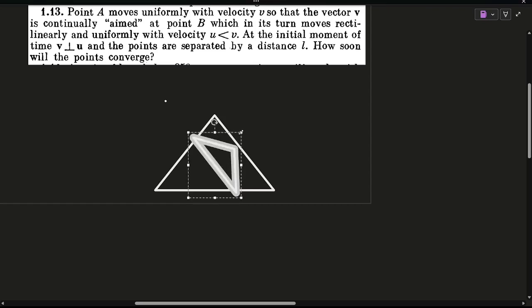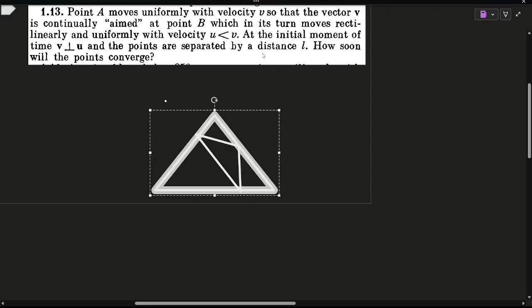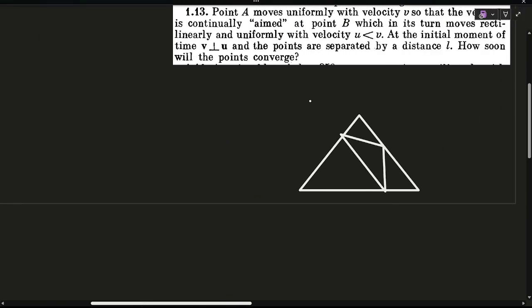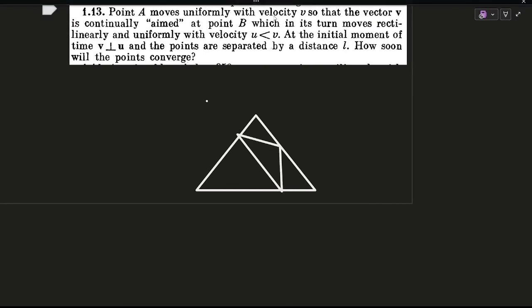Let's assume the situation. Okay, in there one, in there one, in there one.